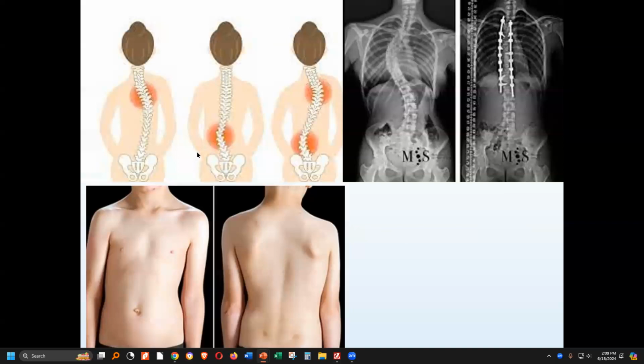So when you look at scoliosis, you can have thoracic, you can have lumbar, you can even have cervical, though that's very rare, scoliosis, right? And I also mentioned to you that to correct this problem, it of course requires surgery.